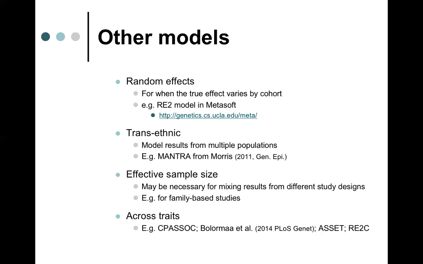Then the single step generalization is to include a random effects term that says that the true effect varies between different cohorts, and then you're trying to model as part of your meta-analysis what the mean of that distribution of true effects is. And that's what gets labeled as random effects meta-analysis.